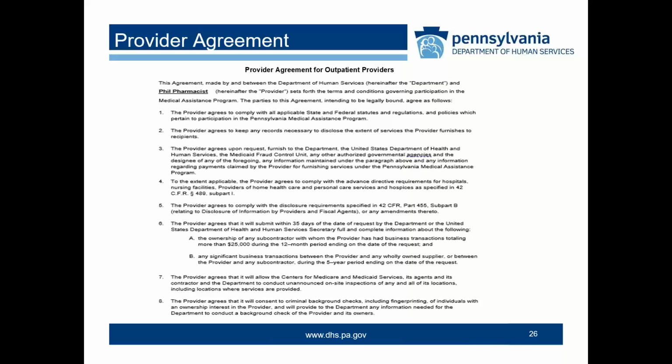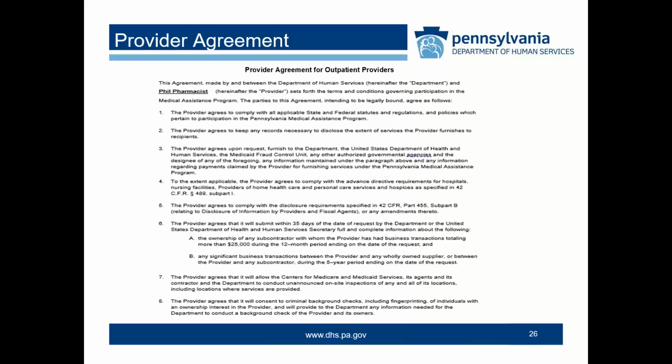If there is need for any type of background check, this is also stating that you will agree to that as well, as far as fingerprinting. In your case as a pharmacist, I don't believe that would be necessary.